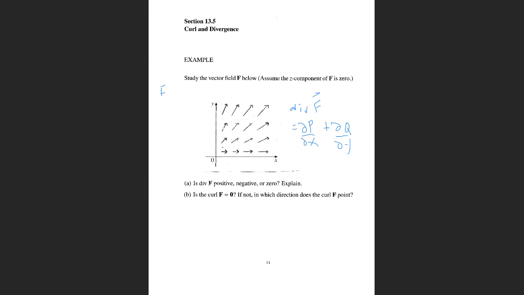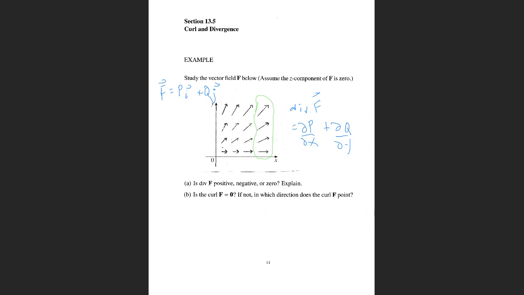And our vector field f is equal to pi plus qj. So if I focus now on the y direction, partition the vector field so that you look at a level of vectors in the y direction.